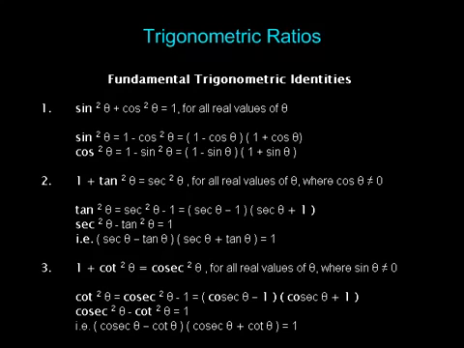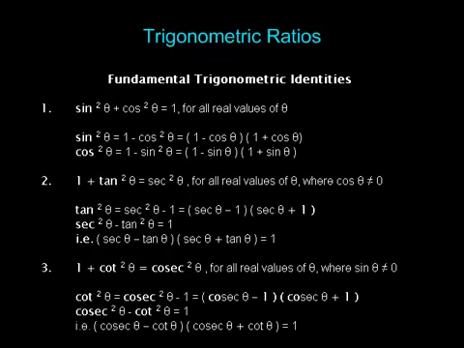That is tan square theta equal to sec square theta minus 1, that is sec theta minus 1 into sec theta plus 1. Also sec square theta minus tan square theta equal to 1, that is sec theta minus tan theta into sec theta plus tan theta equal to 1.